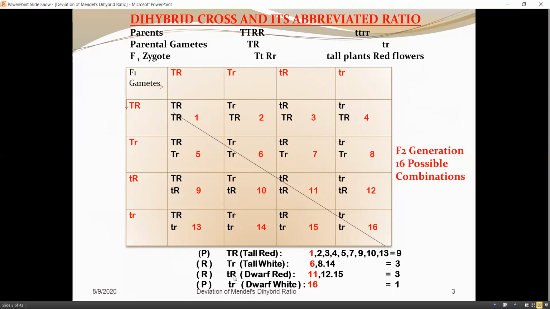And small t, capital R combinations are dwarf plants with red flowers, 11, 12 and 15. And only one combination having both the recessive alleles, small t, small r, is dwarf white, that is 16th combination.